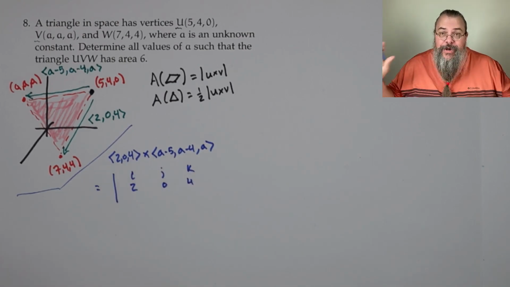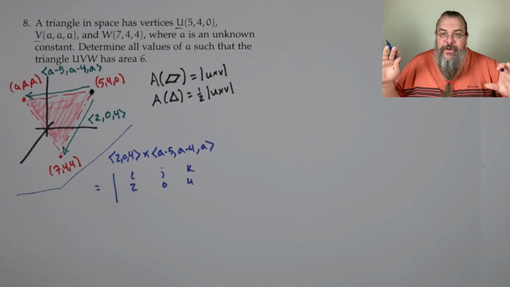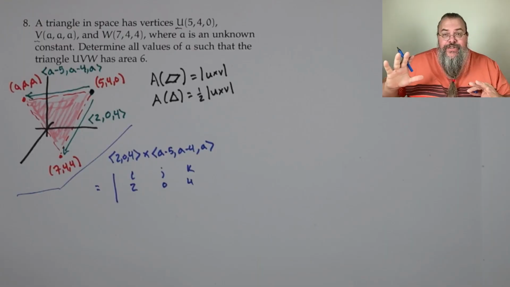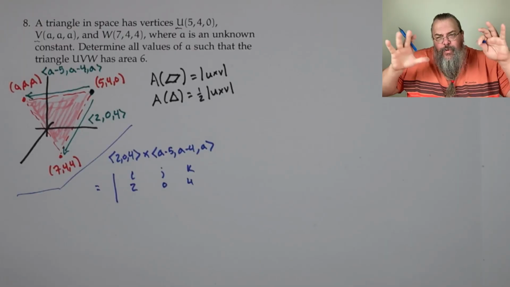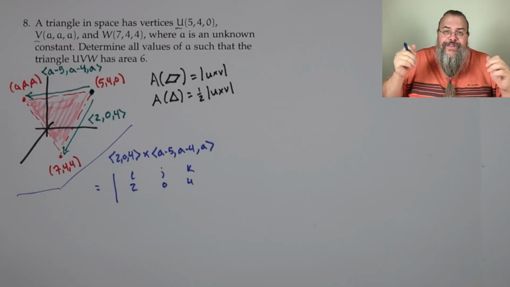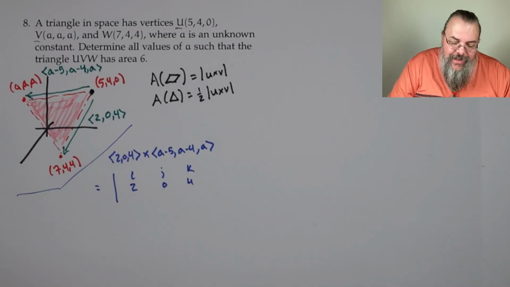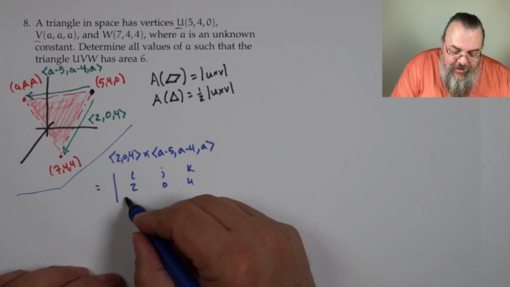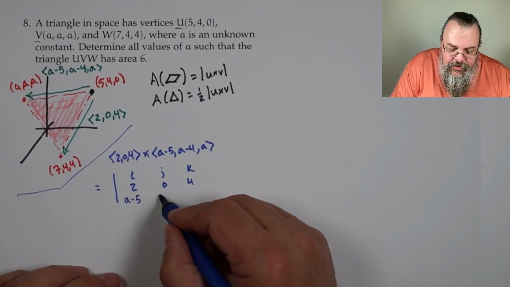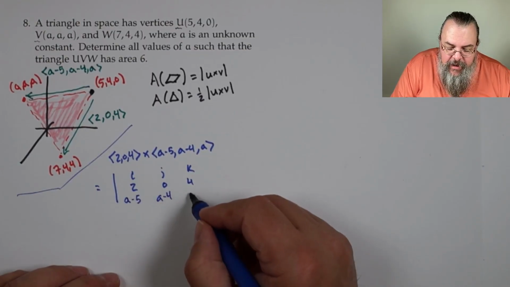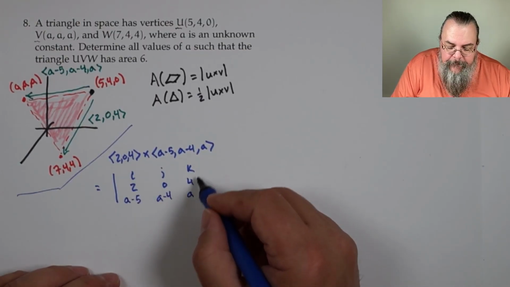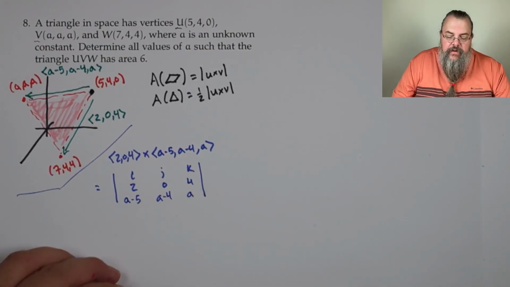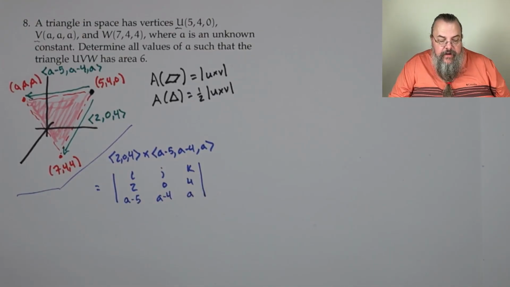It will all work out in the end. This is one of those things where you have options, so don't always fret about, am I making the right choice? There are lots of right choices. And there are wrong choices, but the key thing is there are lots of right choices. So don't stress too much. A minus 5, A minus 4, A. All right, so we're going to do our diagonals.